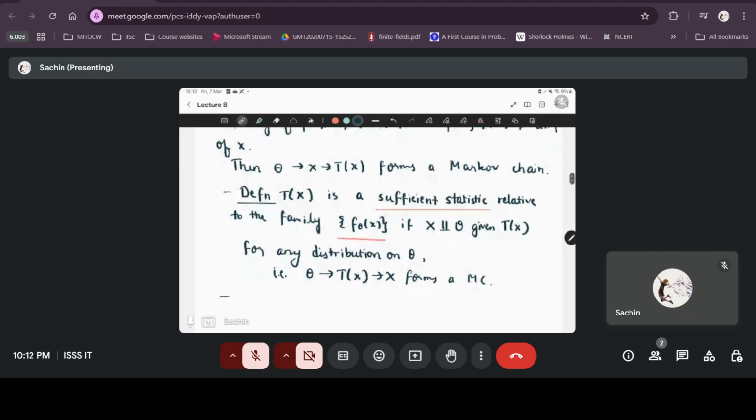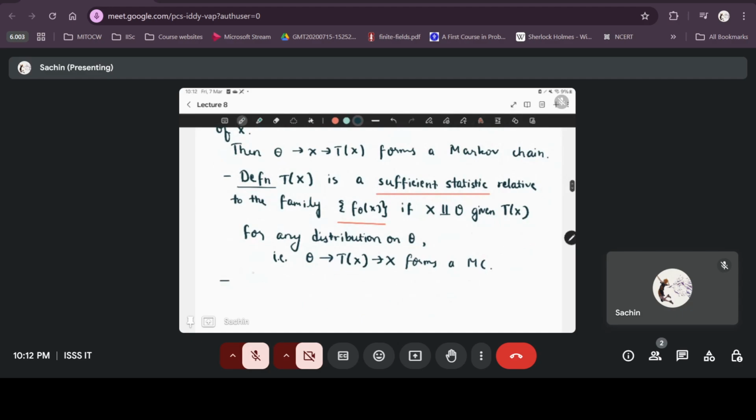Then if T of x is a sufficient statistic, I of theta; T of x is equal to I of theta; x. So whatever information about theta you can get from x, you will get that from T of x also.